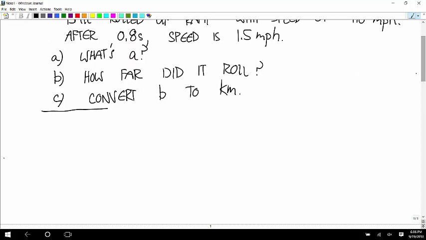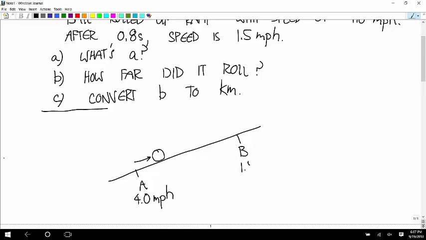Okay, so here's what's going on in this. We have a first location, I'll call that location A. The ball is sent rolling up the ramp. 0.8 seconds later, it gets to this point B. At A, it's going 4 miles per hour.